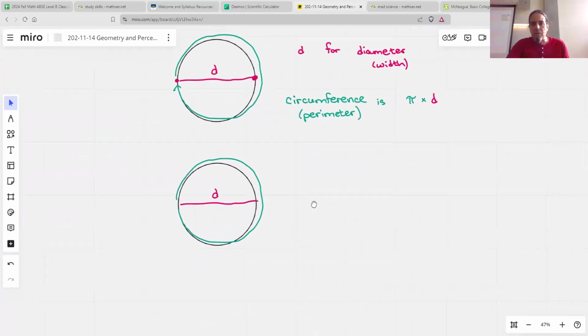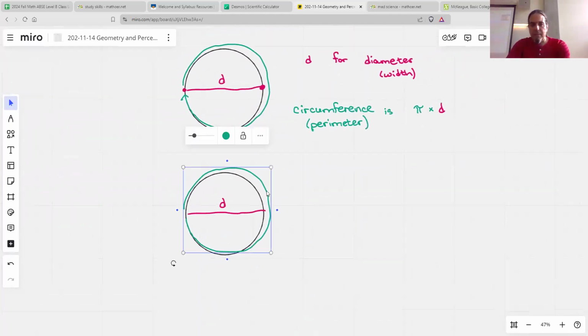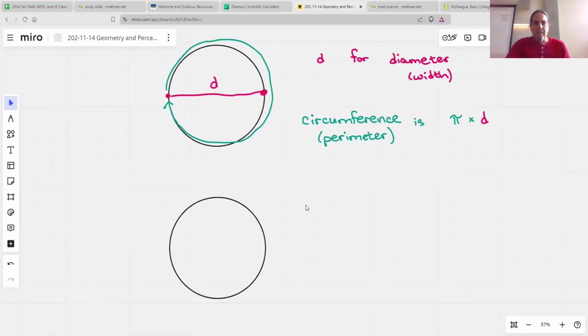For area, the picture is a little different. Instead of the distance across the circle, we just care about the distance halfway across the circle.